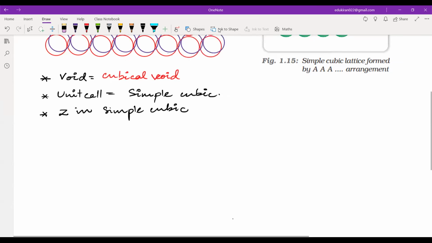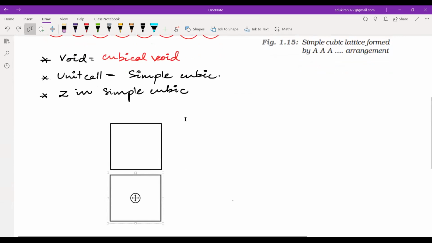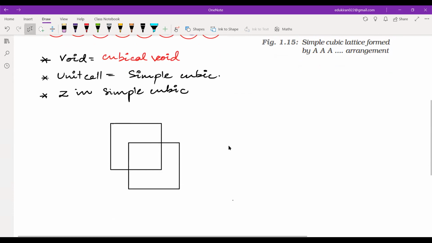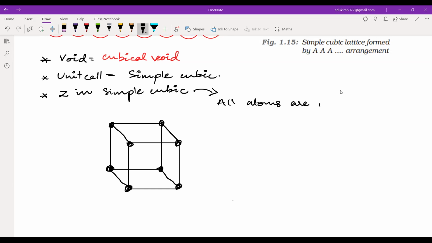So we have here atoms in all the corners, right? Yes or no? Yes, sir. In a simple cubic, we have atoms on all the corners, right? All the corners. So in Z, simple cubic, all atoms are in the corner.